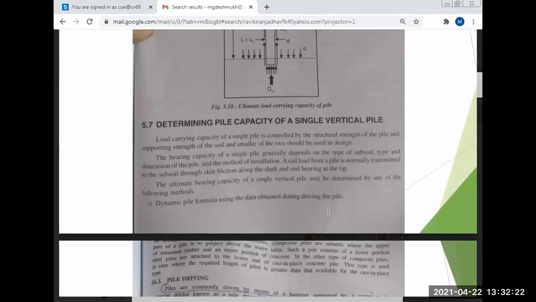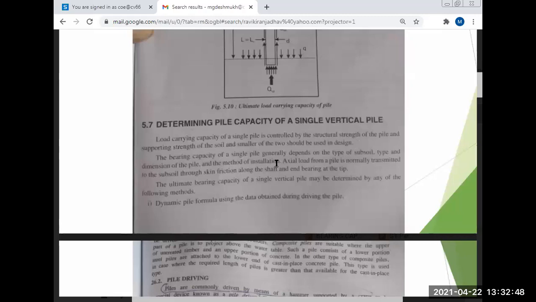Load carrying capacity of a single pile is controlled by the structural strength of the pile and the supporting strength of the soil, and the smaller of the two should be used in design. Two things are there: one is structural strength of the pile, second is supporting strength of the soil, and whichever is less, that will be used for design.